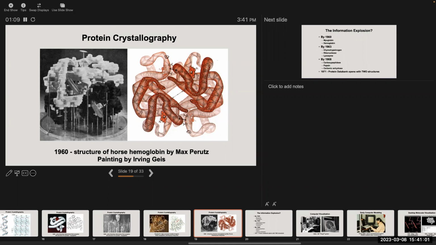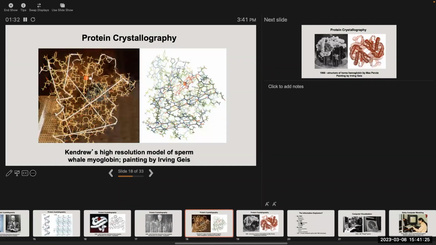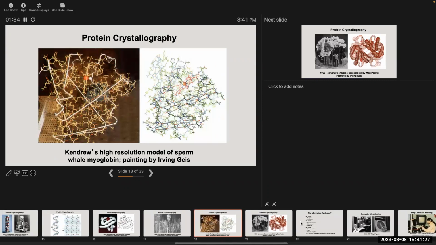It's different from the white blobs that Kendrew had, but the principle is the same, that it's a lower resolution model. And then on the right, I don't have a picture of the actual high res ball and stick model, but I do have this painting that Irving Geis did. Remember I mentioned he was the one who painted that stick picture of Kendrew's model.